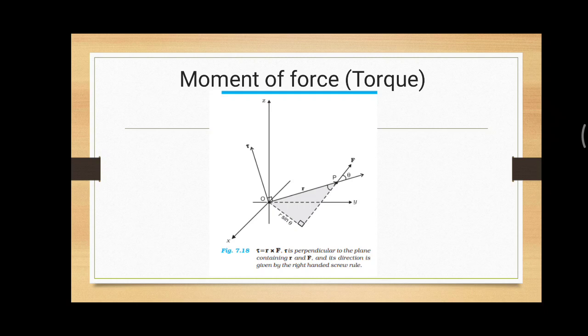You are not supposed to change the length or the orientation. The direction you cannot change, but you can change the position. The same way here you are changing the position of vector F and finding out the perpendicular distance between the vector F and the origin, that is r sin theta.